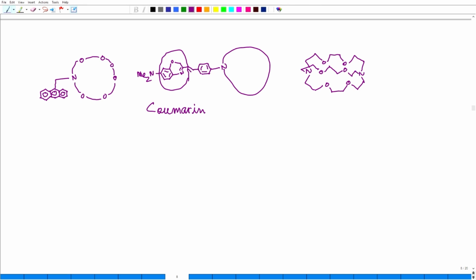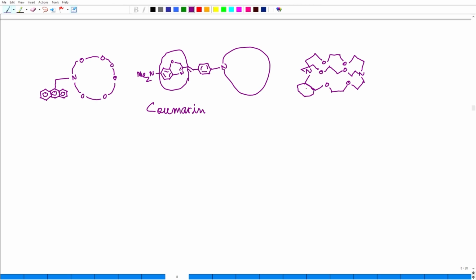Okay, this is a cryptand, and here is an aromatic. I do not know, this is not very useful to have, but they made it because of synthetic difficulties and all that.